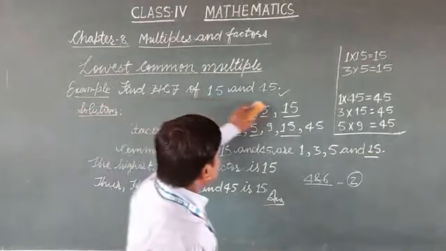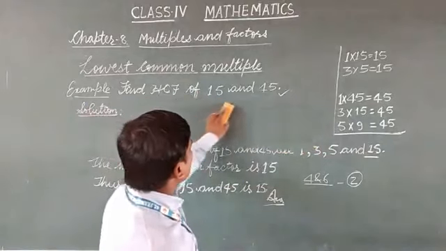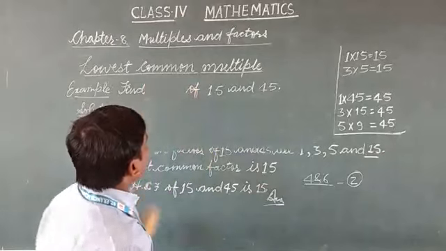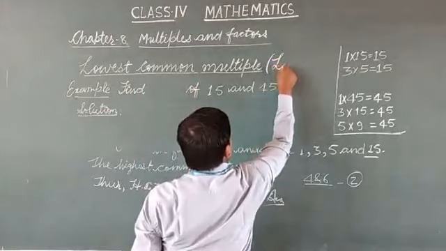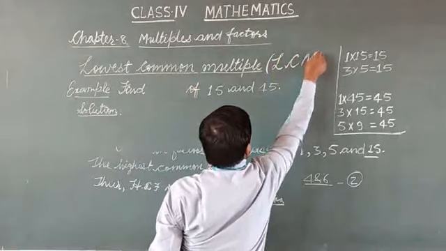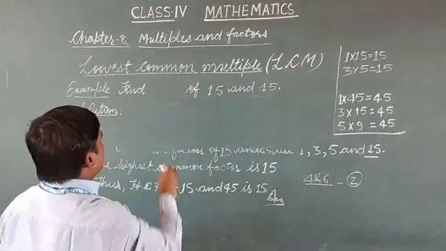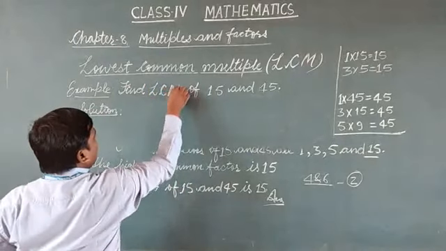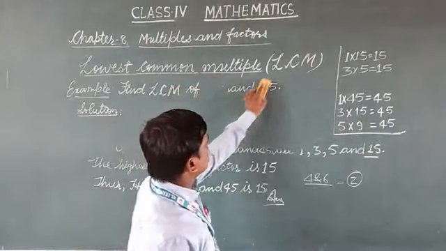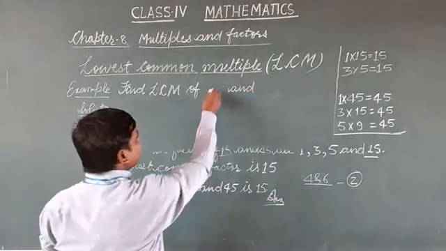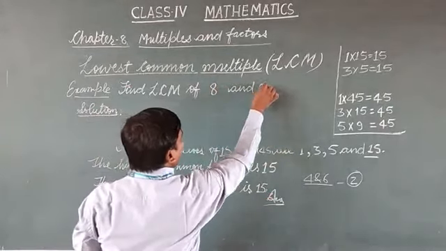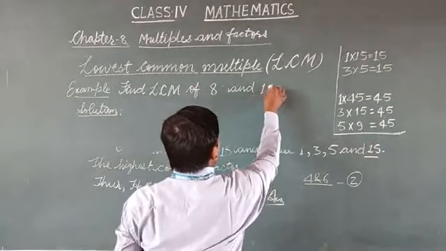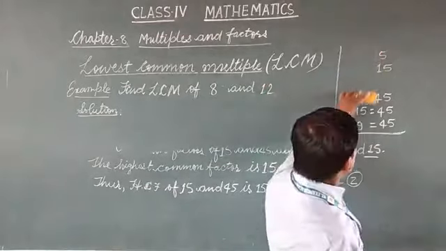So here I am writing: find LCM, in short we write LCM, lowest common multiple. So find LCM of 8 and 12.